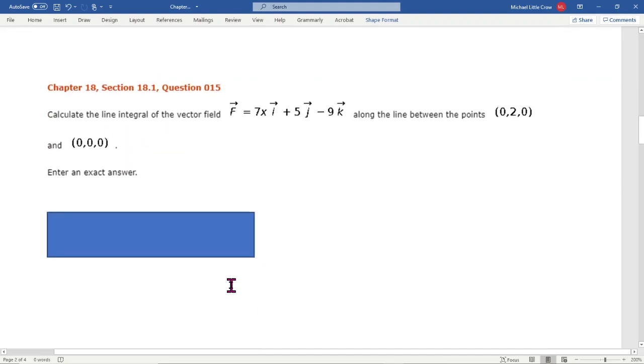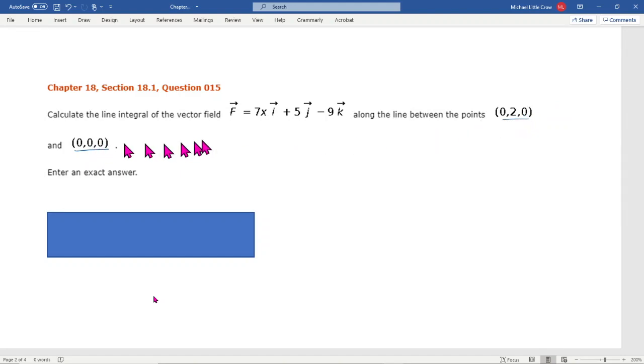Here we go, we're asked to calculate the line integral of the vector field here along the line between (0, 2, 0) and (0, 0, 0). Notice the only thing that's changing is the y values. That's really all that we need, because the x and the z are not going to be there.